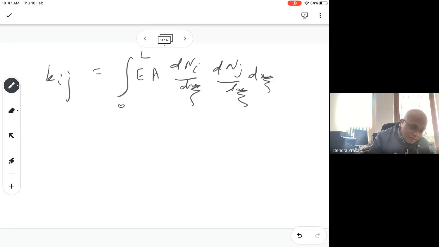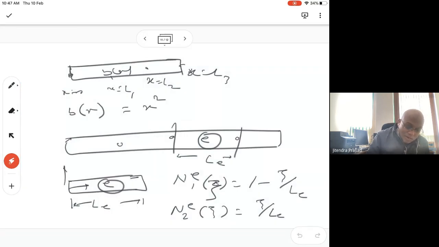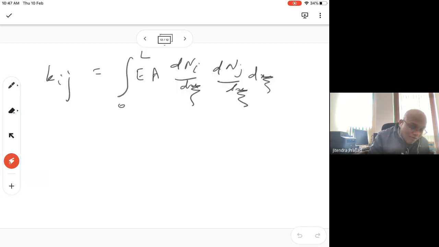So you have to work in the local coordinate system, local to the element only. And that makes life simple, because in local you can write like this. Yeah, and this is how you can find out the stiffness matrix.